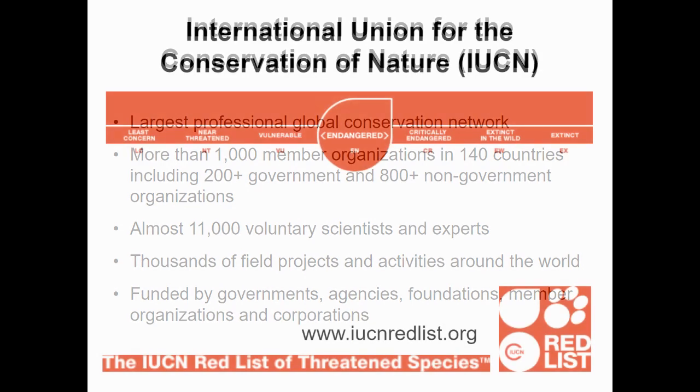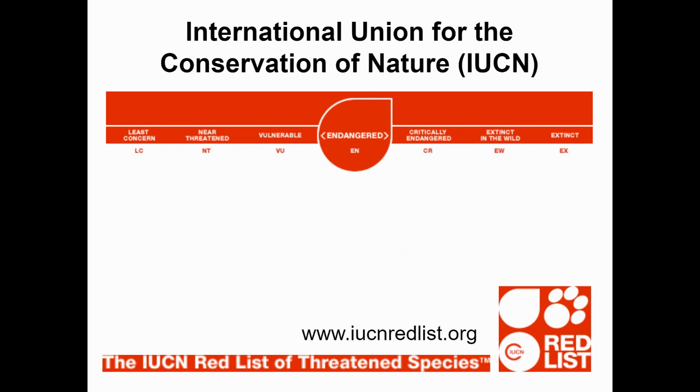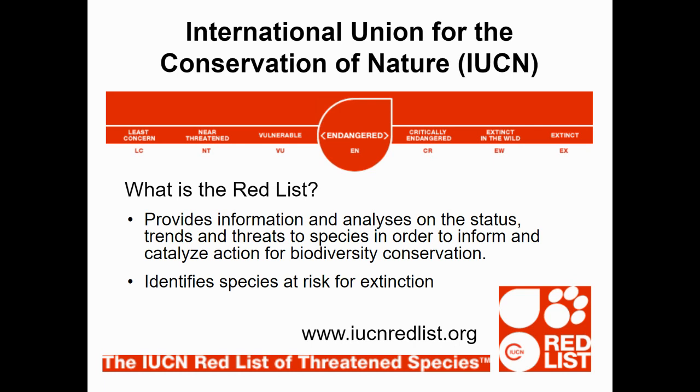But the cool work that they're doing is gathering all of the research from all the different areas and groups and ranking animals and plants by how at risk or threatened they might be. So we can see they have categories leading from least concern, near threatened, vulnerable, endangered, critically endangered, extinct in the wild, that means only in captivity do they exist, and then extinct.